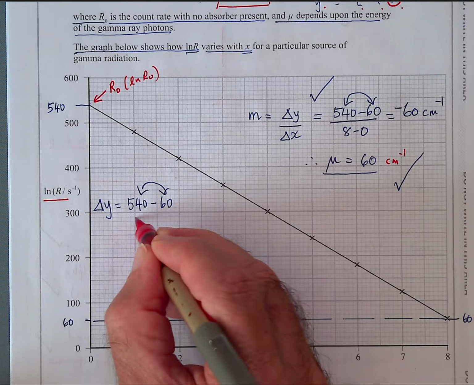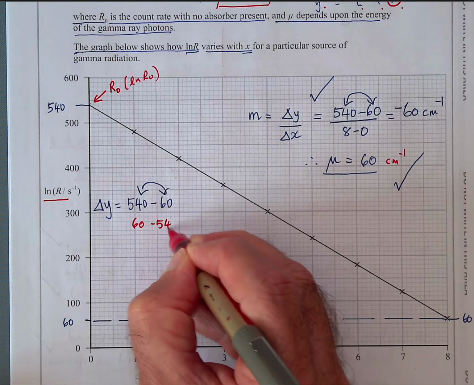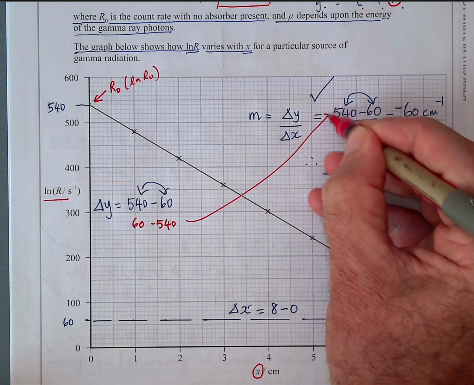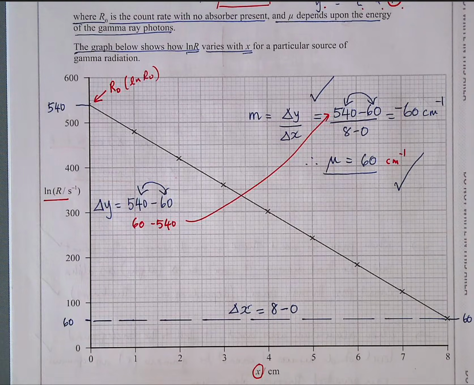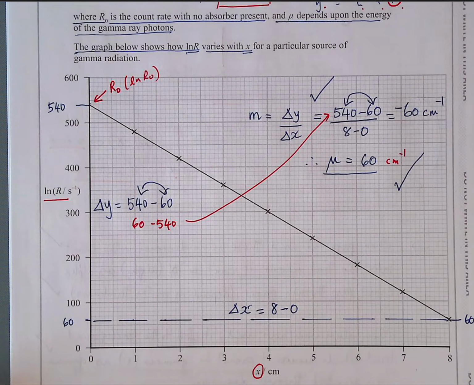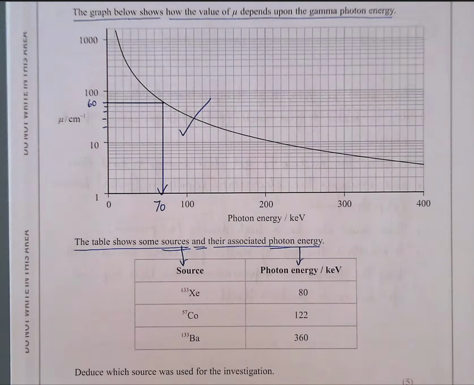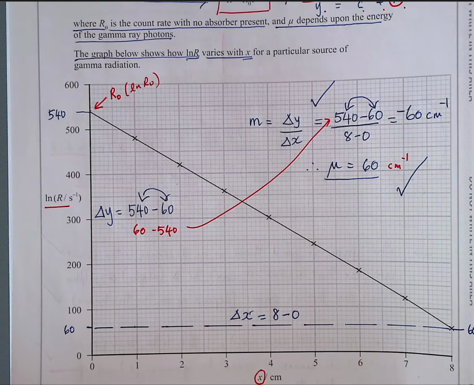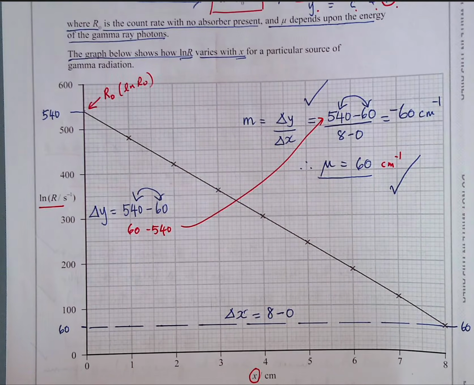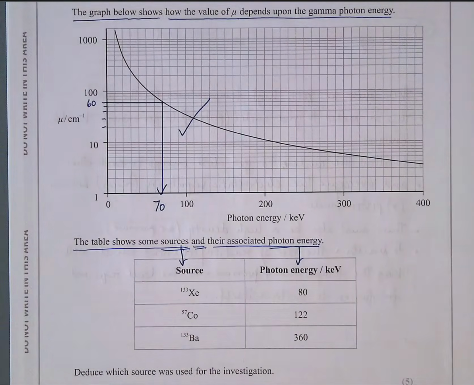So I should have done 60 minus 540. Delta y over delta x would give you a value of minus 60. It's easy to make a mistake, so be careful, and always show you're using a large triangle to work out the gradient, because that minimizes your uncertainties.